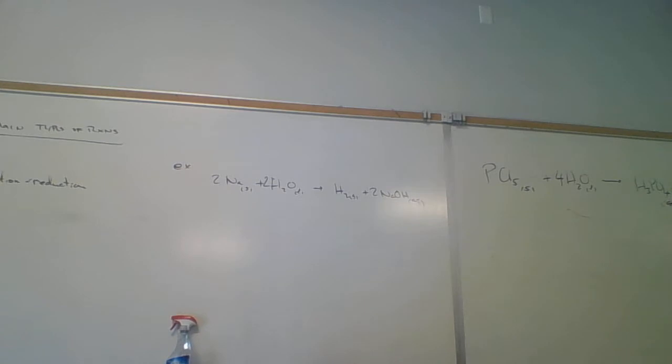In a redox reaction, the charges change. It's not just the charge. For example, if I think about phosphate, what's the charge on phosphate? Yeah, the charge is PO4 3-. That's phosphate. But what we're looking at is not the charge.